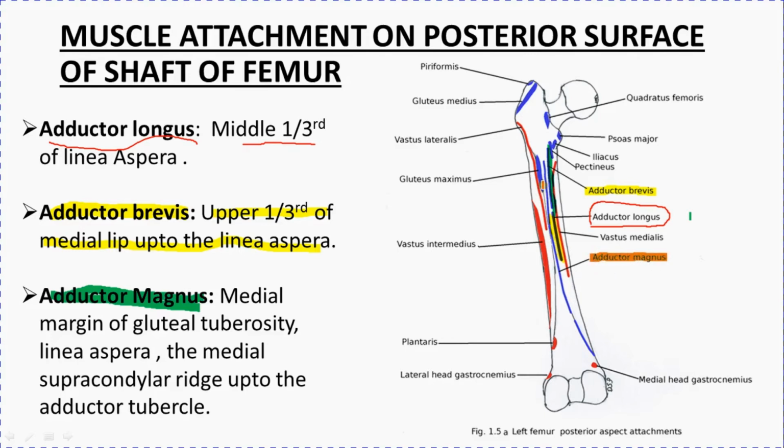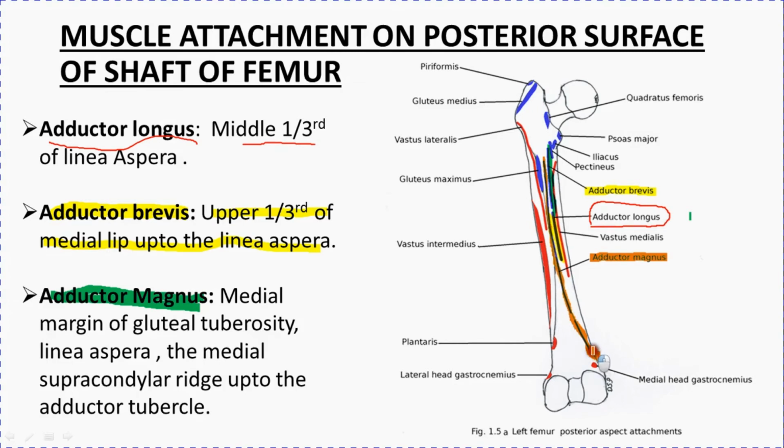Now start tracing it from the top. It says it arises from, this is gluteus maximus, which was inserted on the gluteal tuberosity, right? So this is the medial margin of the gluteal tuberosity, running downward. It is traversing the linea aspera. It is running downward, occupying the medial supracondylar ridge, and it is present down up to the adductor tubercle.